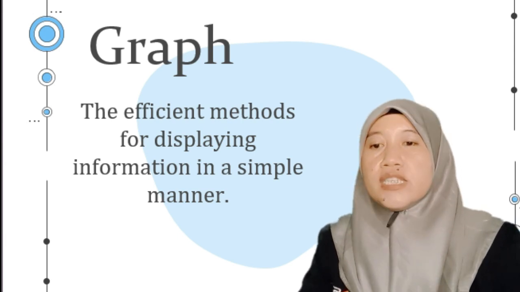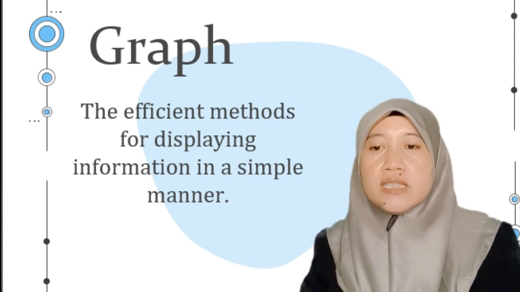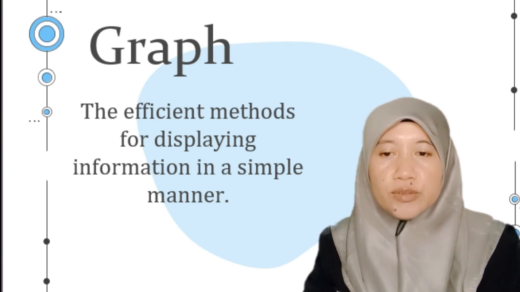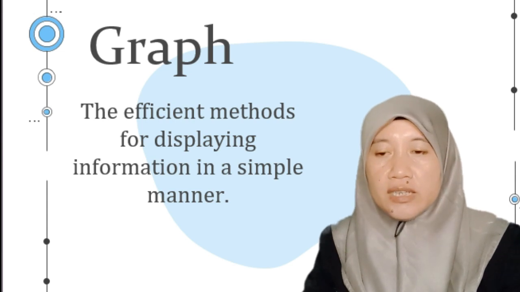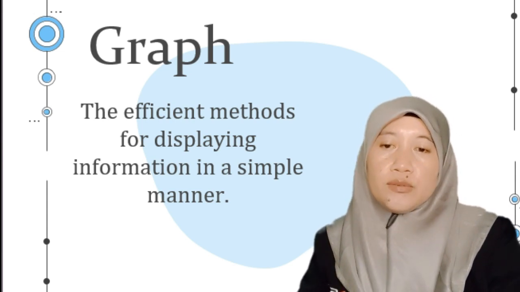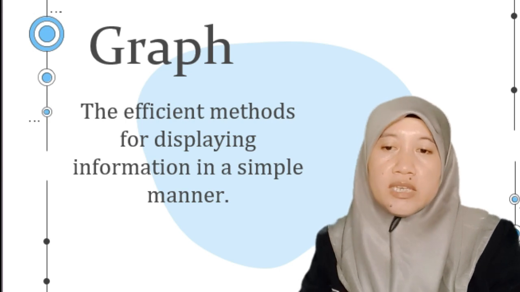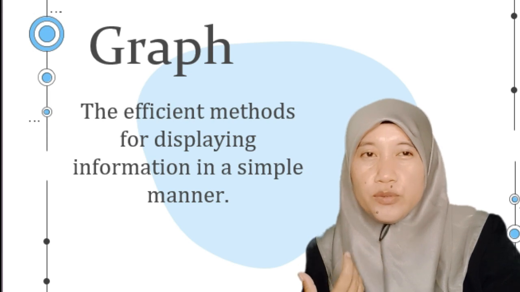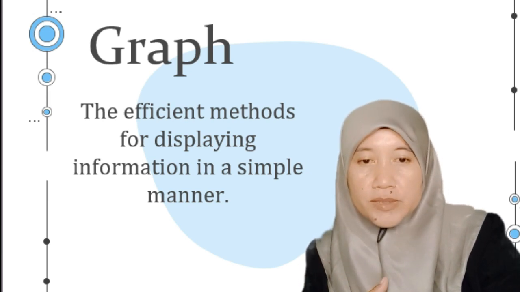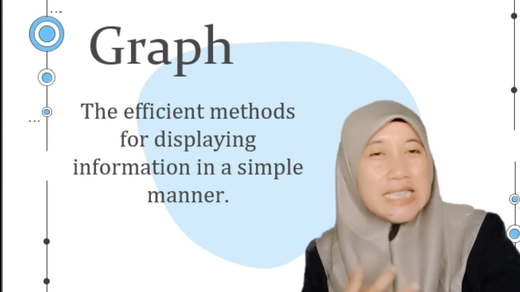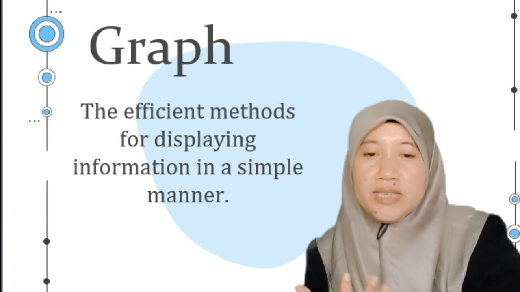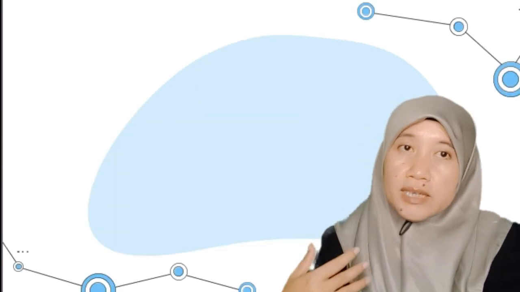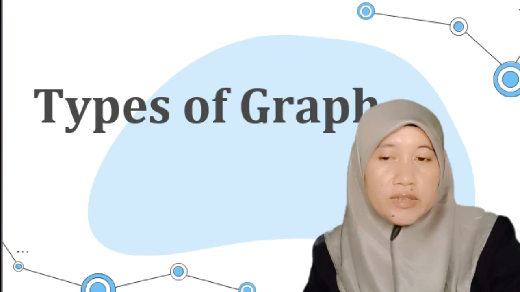It means using this form of representation helps the viewer to understand and interpret the information more easily and efficiently, which otherwise could be a very difficult and tedious process. But if you can read and understand graphs, you will easily get the information. Okay, now I'll explain some types of graphs.